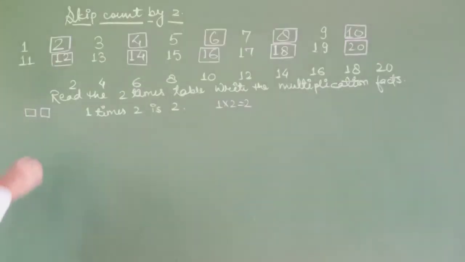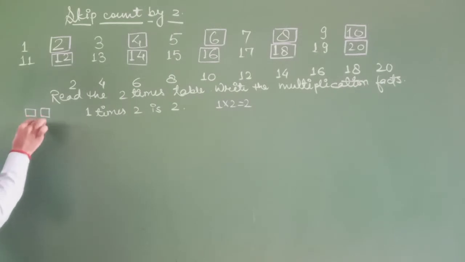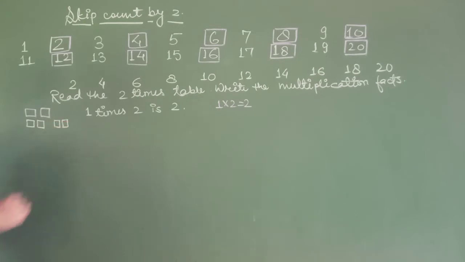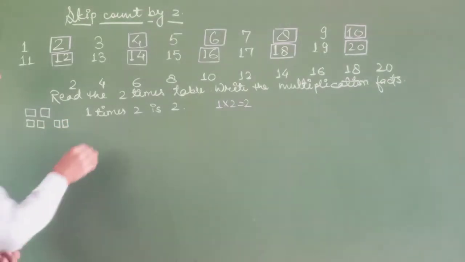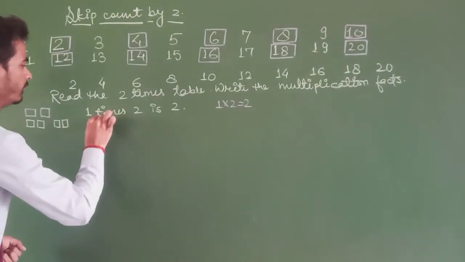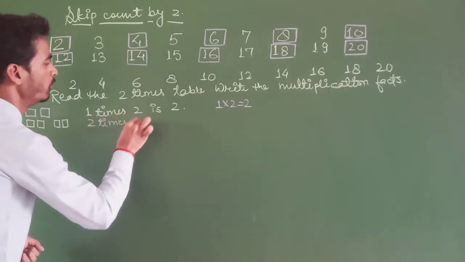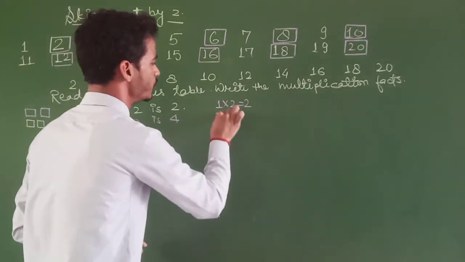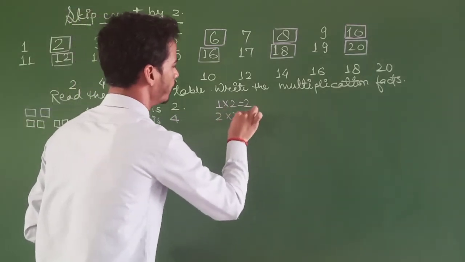And now 2 times 2 is 4, and the multiplication fact is 2 multiplied by 2 is equal to 4.